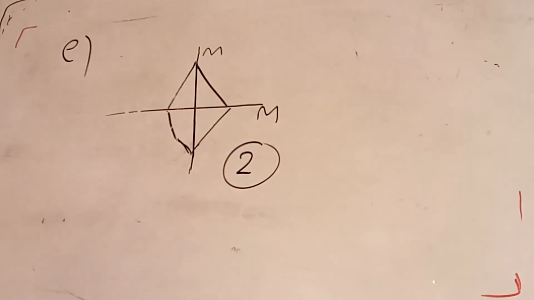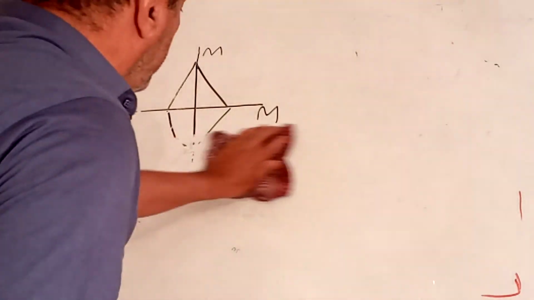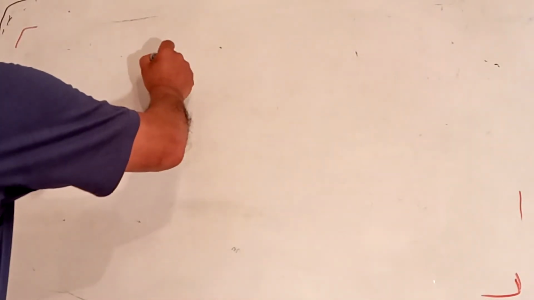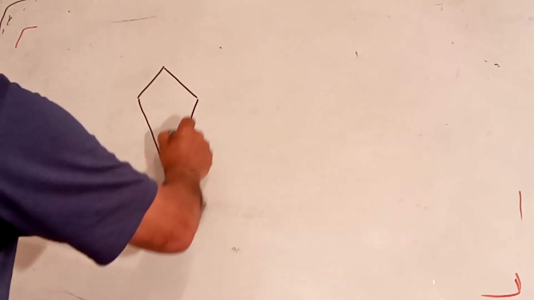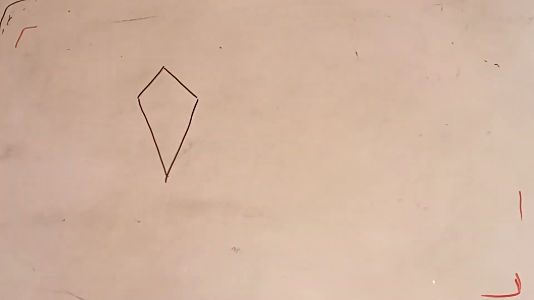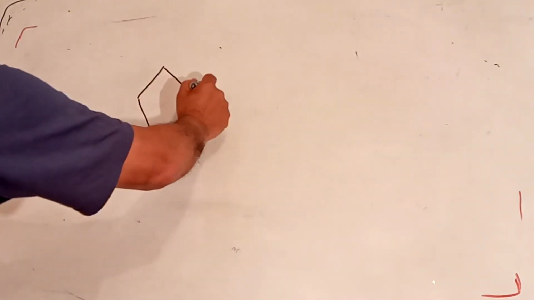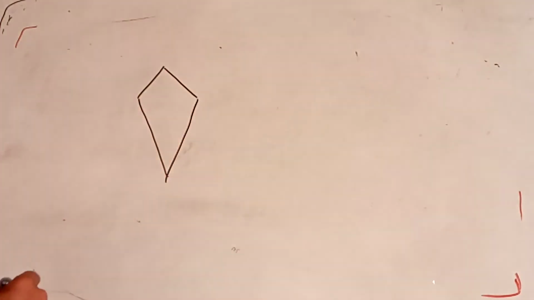Let me do number F. If you try any other lines, will not fit as a line of symmetry. It will not work as a mirror image. Let me do the other one. The other one is like this. This one, I don't think it will fit because if you do a horizontal one, this will be small, this big will not fit.